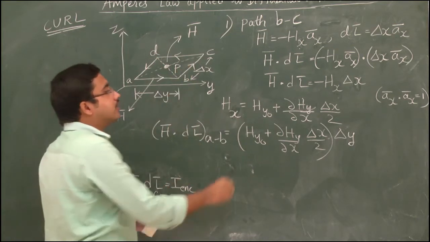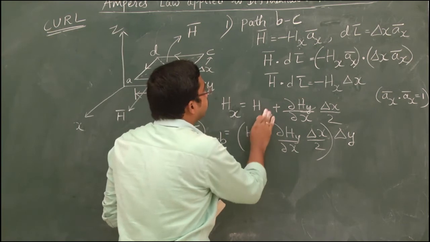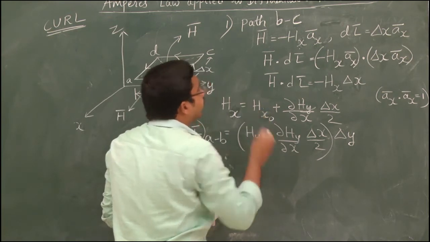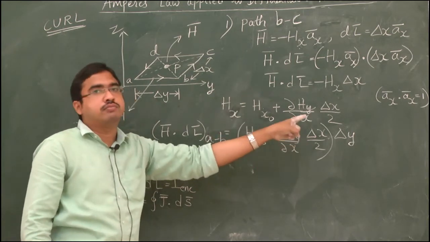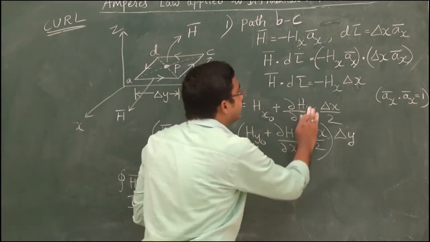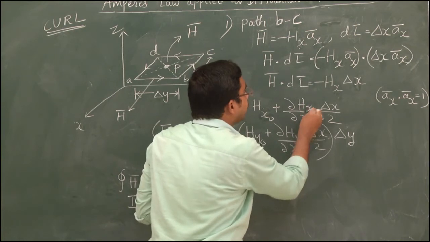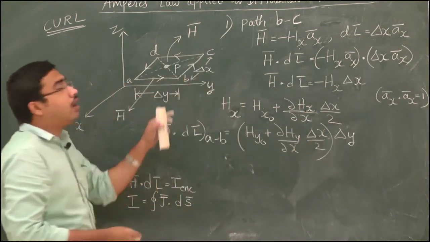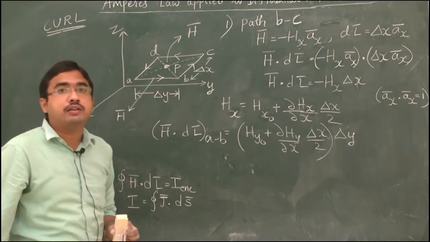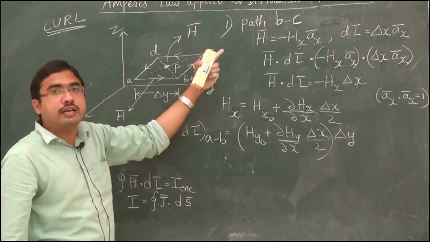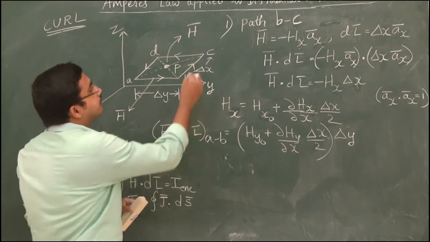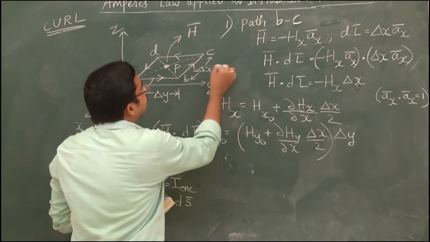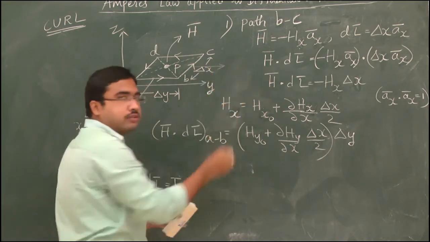Initial value of Hx is Hx naught, plus the variation of this, dou Hx. Now, how will be your H bar? For whatever path you are considering, H bar will always be perpendicular to that path. That means H bar will act in perpendicular direction like this.